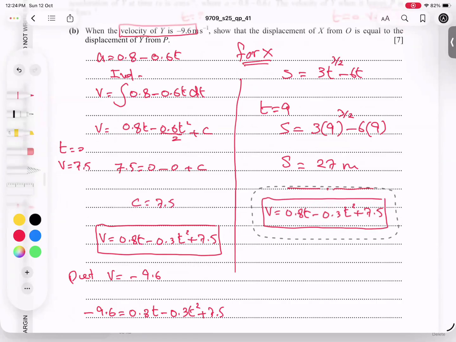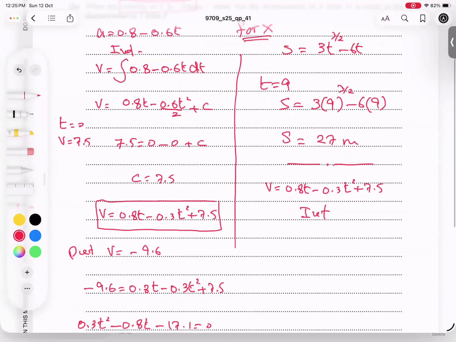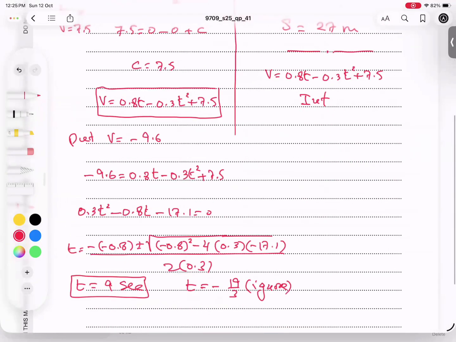One choice is if I do it with the plus c or with the limits. With limits, I can do it easily, and I'm going to complete it now here. s is equal to the integral from 0 to 9. 9 is the reason because time is still 9. Of 0.8t minus 0.3t to power 2 plus 7.5 dt.